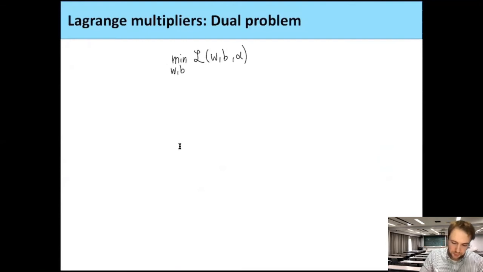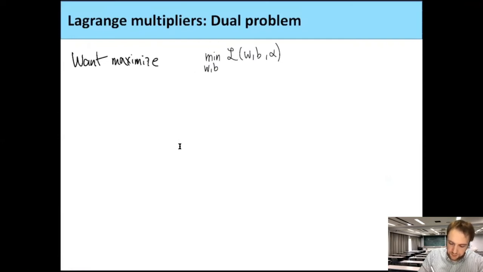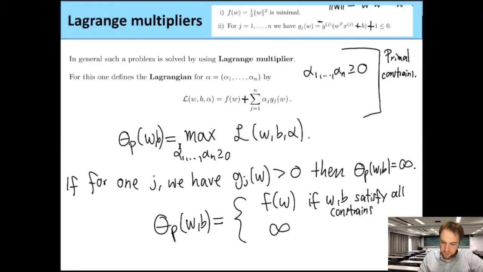We want to maximize this theta dual of alpha, which is given by the minimum of this here over all w and b. And so what was this in our case? This Lagrangian, this was given by this function here.